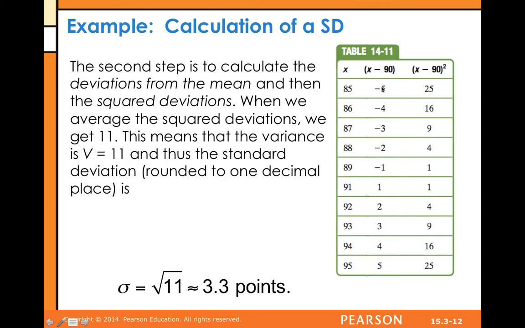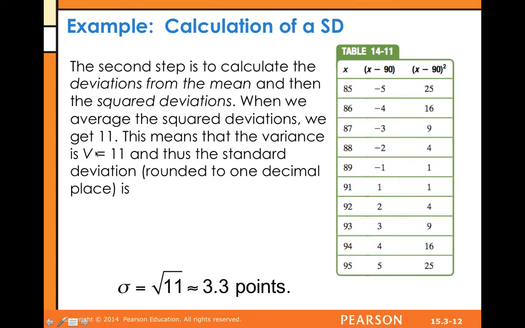So the next thing we do is we square every number that we see. -5 times itself is +25. -4 times itself is +16, and so on. So this list here is a list of squared distances from the mean. And once we have this list, we simply average that list and compute the square root of that.